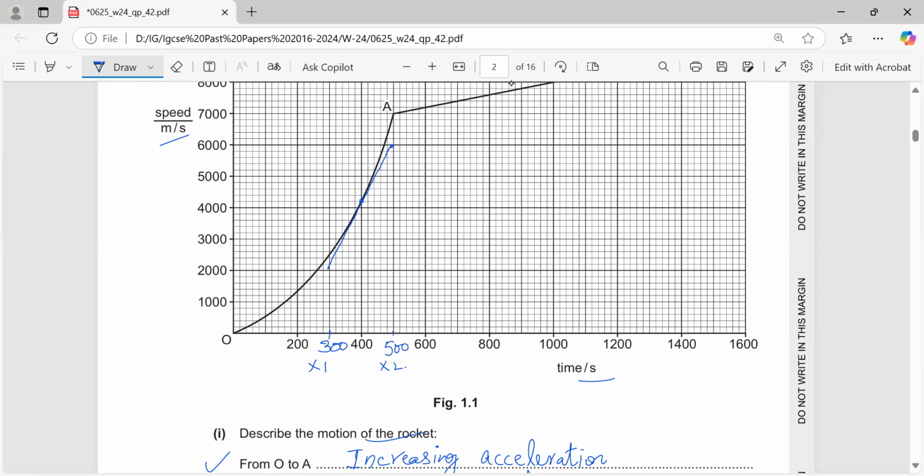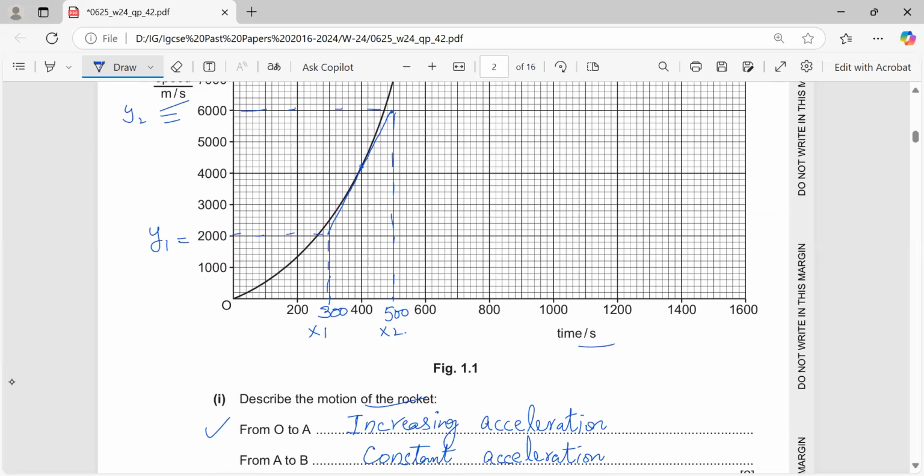Then y1 is 2000, and y2 is 6000. So show clearly on the graph all the data here. This one like this, this one like this, here also like this.